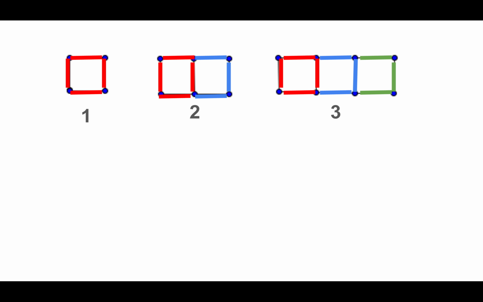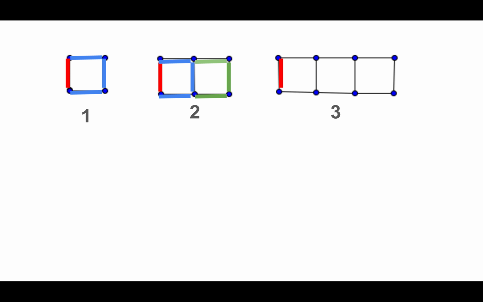But there's another way that I can look at this too, so that I'm increasing each one by the same number. If I look at figure number 1, if I start with 1 vertical red stick, then I can add my 3 blue sticks. Figure number 2 has my 1 red stick and my 3 blue sticks from figure number 1, and then I'm going to add 3 additional green sticks.